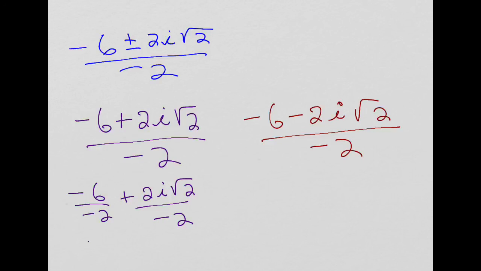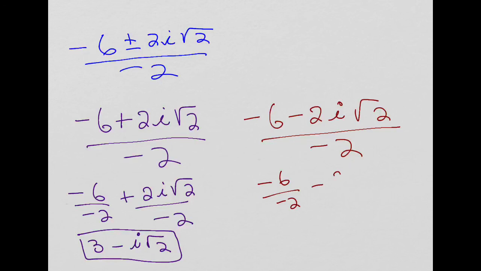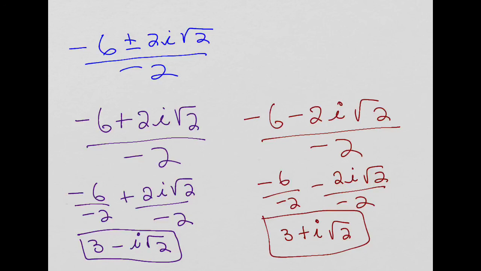So this reduced to 3 minus i square root of 2. That's one of the answers. And then here, I'm going to rewrite it like this. So this is going to be 3 plus i square root of 2. And there are your two answers, a little bit more simplified.